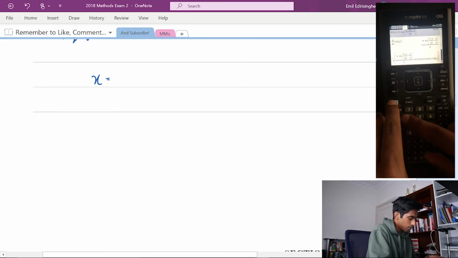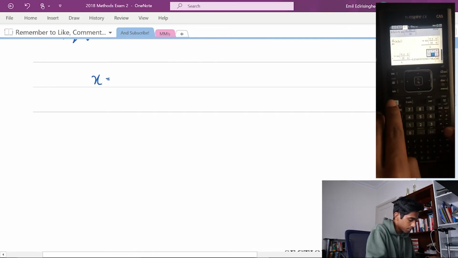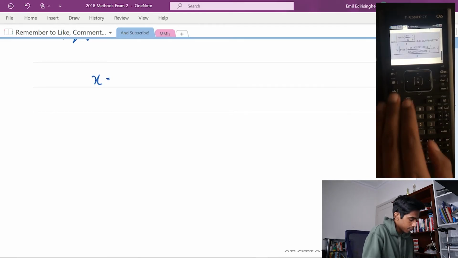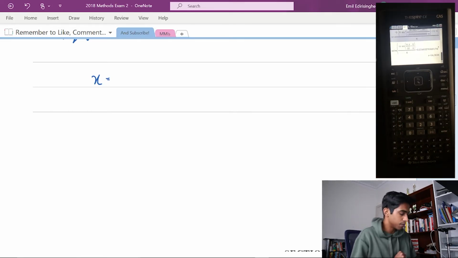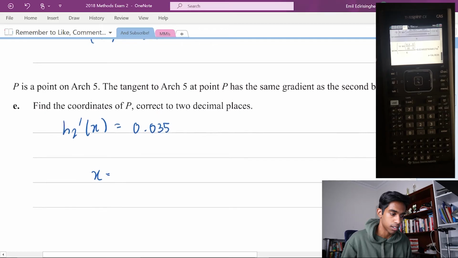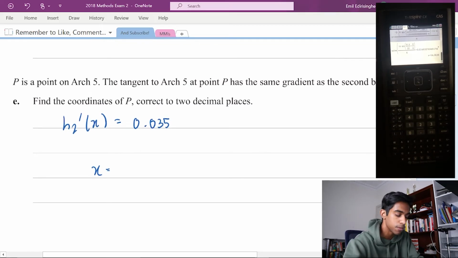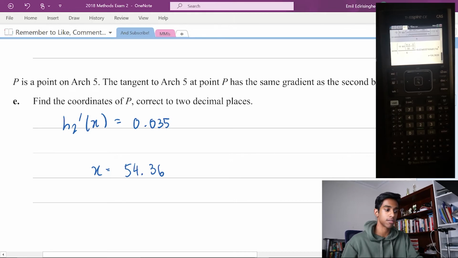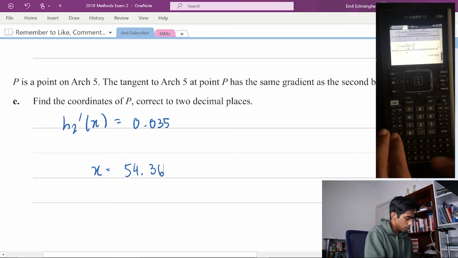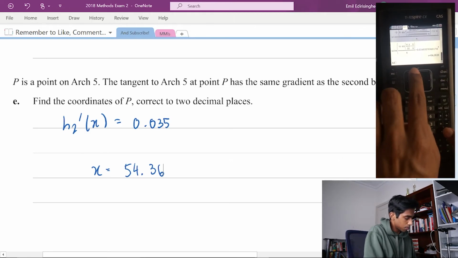So 40, that gives us 54.36, to 2 decimal places, yeah, 54.36. And then we have to find the coordinates, so we shouldn't forget that. Put that in here.